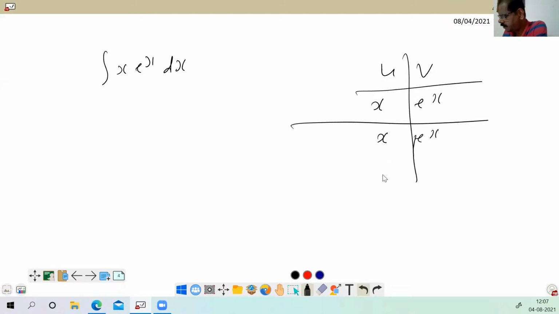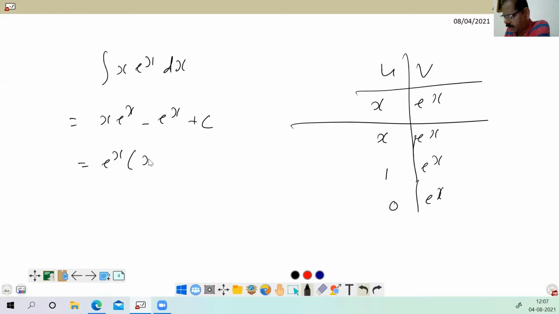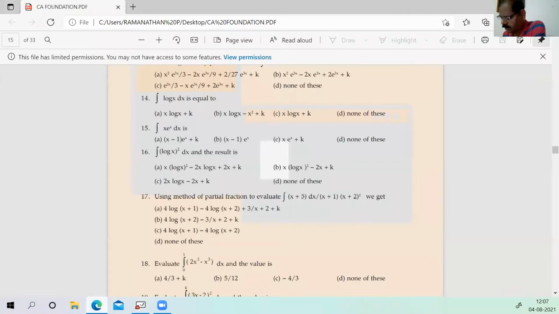Next, the derivative of x is 1 into the integral of e raised to x. Then 0. So the answer is x e raised to x minus e raised to x plus c. So e raised to x can be taken out: e raised to x into x minus 1 plus k. Option B, we can straight away ignore because there is no constant k. So A is the answer.